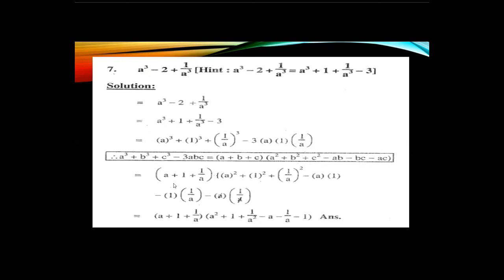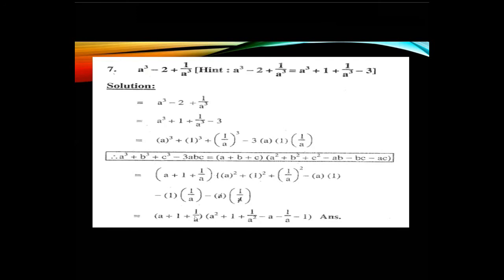Okay, now a plus b plus c. a means a, b means 1, c means 1 upon a. a square means a square, plus b square, instead of b square put the value 1, plus c square, the value 1 upon a square, minus ab, instead of a put a, instead of b use 1, minus bc, instead of b use 1, instead of c put 1 upon a, minus ca, instead of c put 1 upon a, instead of a put a.